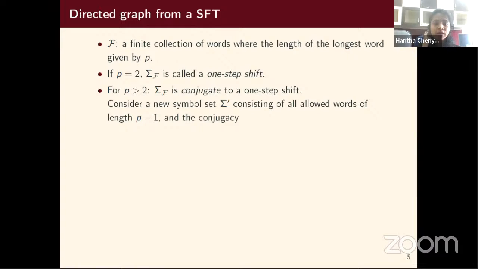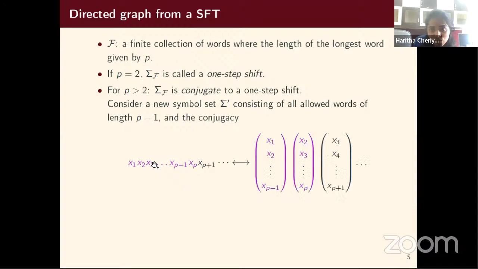We do that by defining a new symbol set sigma prime, which consists of all allowed words of length p minus 1. And the one-to-one correspondence is given as follows. You look at the sequence expansion in sigma F, and the first p minus 1 entries are the first symbol here, and the second p minus 1 entries are the second symbol here, and so on.